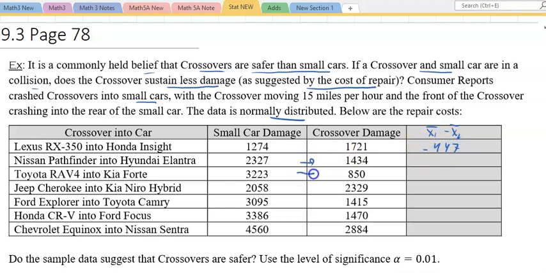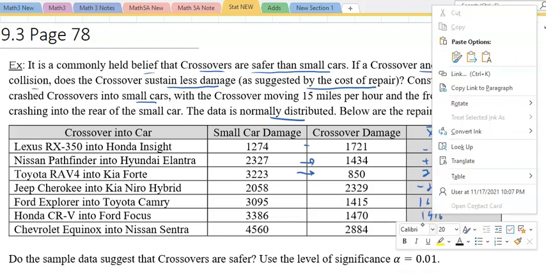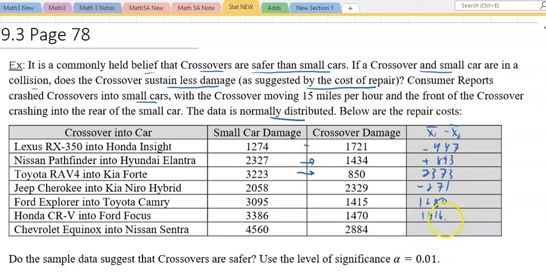Here, 2214. So this is positive 893. So I'm subtracting those in that order. This is 2373. This is negative 271. This is 1680, 1916, and 1676.